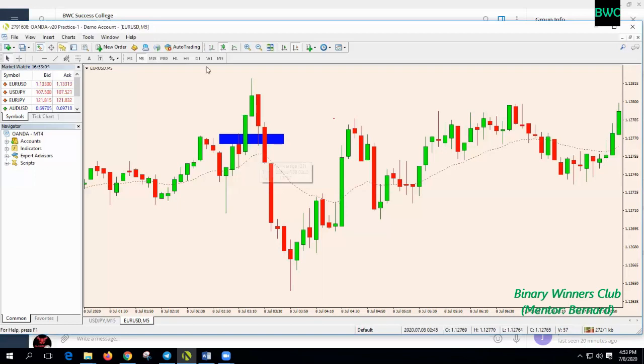A candle comes from the top to the bottom and touches the bottom of the zone here. You can see that? And that's exactly where you place your trade. And the expiry is the close of this candle.